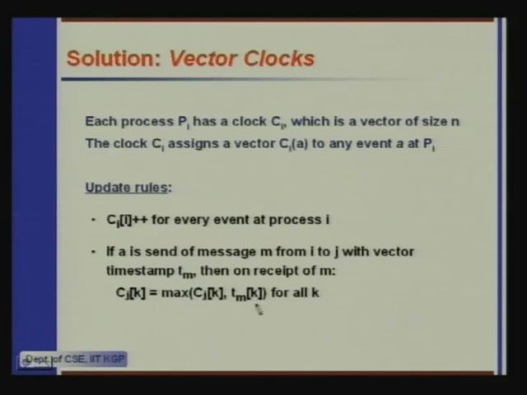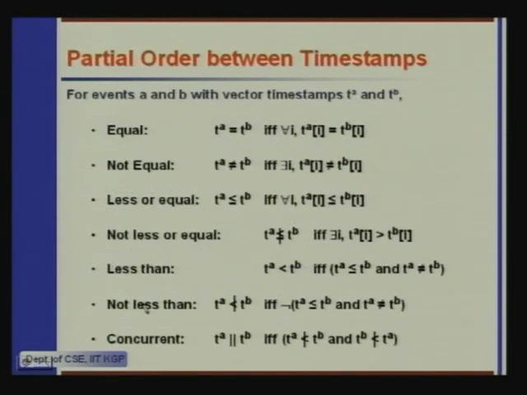So, whatever timestamp it receives on the message, it takes the max of that with its current value on each dimension k. Then we saw that this definition of timestamps has a partial order, and we can define things like equal, not equal, lesser equal, not lesser equal, etc.